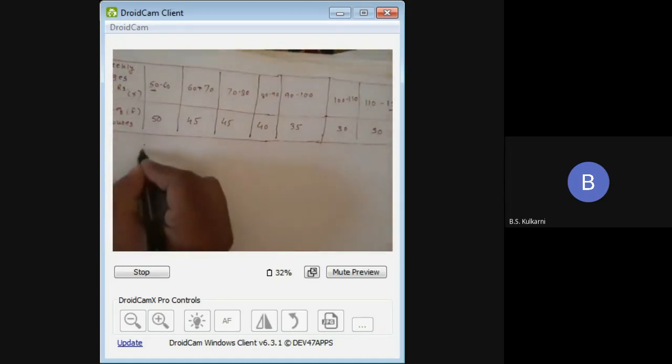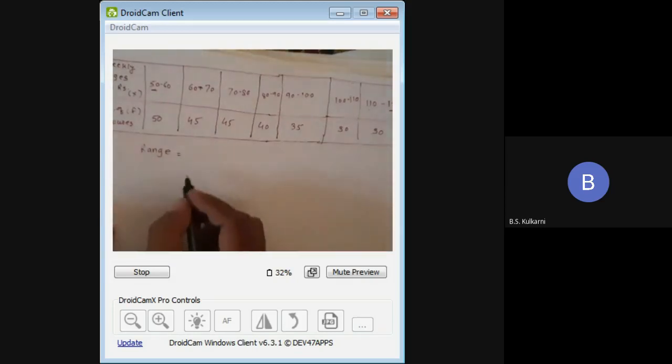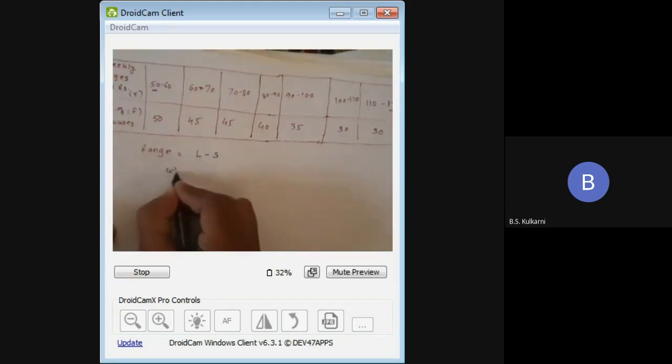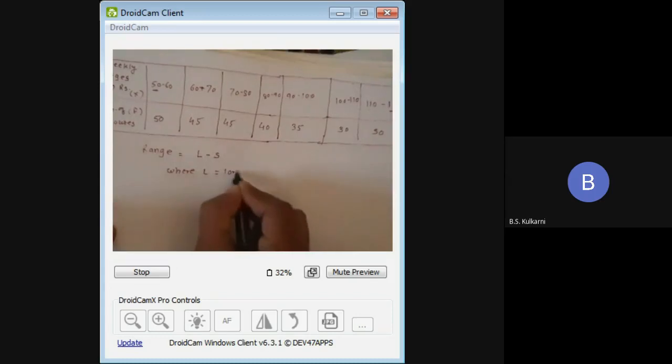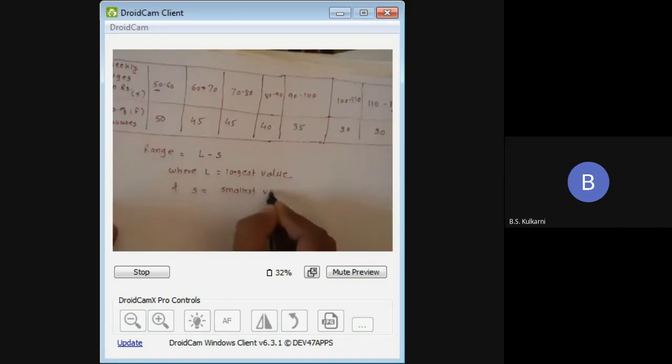So range is equal to L minus S, where L is the largest value and S is the smallest value.